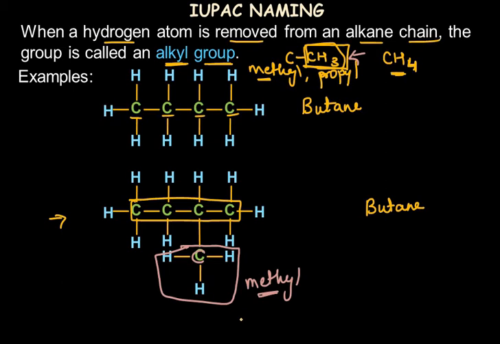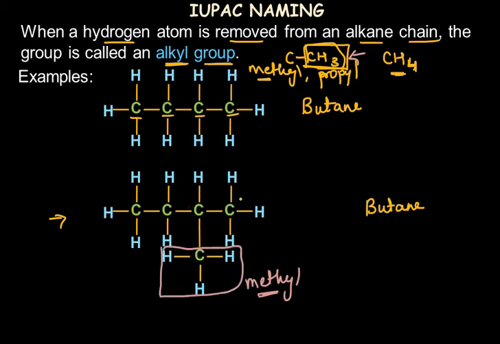As we have already seen in one of our rules of the IUPAC naming system, number the chain from the end which is closest to the substituent group. So if we number from here 1, 2, 3 and 4, the substituent group carries the number 3.